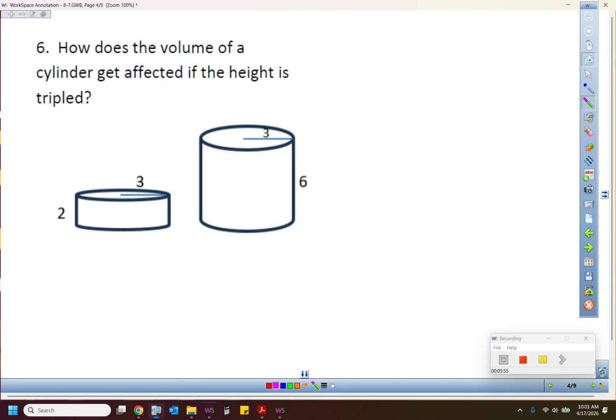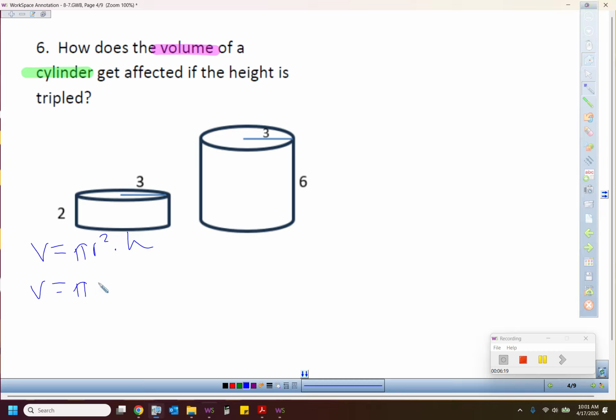They say, how does the volume of a cylinder get affected if just the height is tripled? Let's start by doing the long way of the work. Volume of a cylinder is pi r squared times h. Let's find that little guy right there. So the volume will be pi.